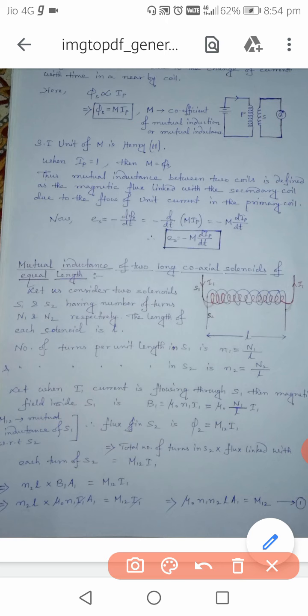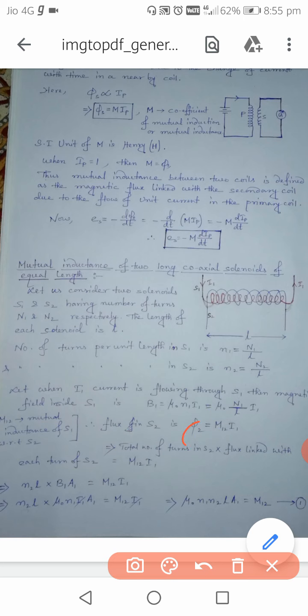Next, this phi 2 is the total flux, so we can write it this way. Phi 2 is the total flux linked with the whole coil, which equals the total number of turns in S2 into the flux linked with each turn of S2. With each turn of S2 some flux is linked, and if you multiply that with the total number of turns of S2, we get the total flux, phi 2.